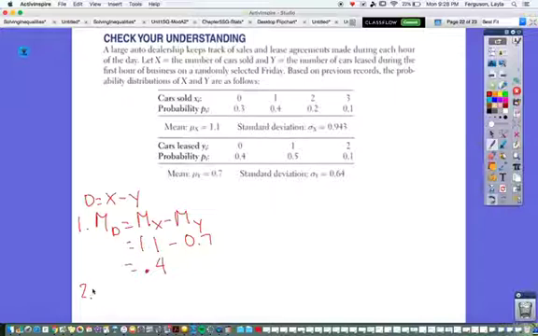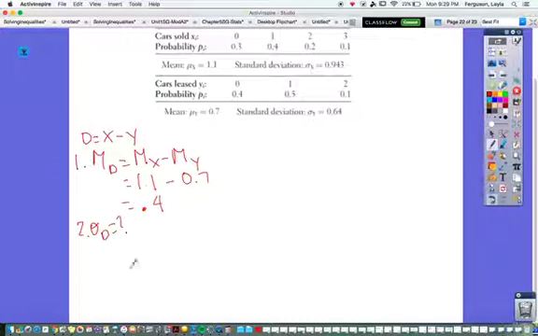The second question is you are going to compute the standard deviation for D, assuming that X and Y are independent, and show your work. All right, remember that you can't straight out find the standard deviation for D, so you're going to have to find the variance for D first and then take the square root of that.